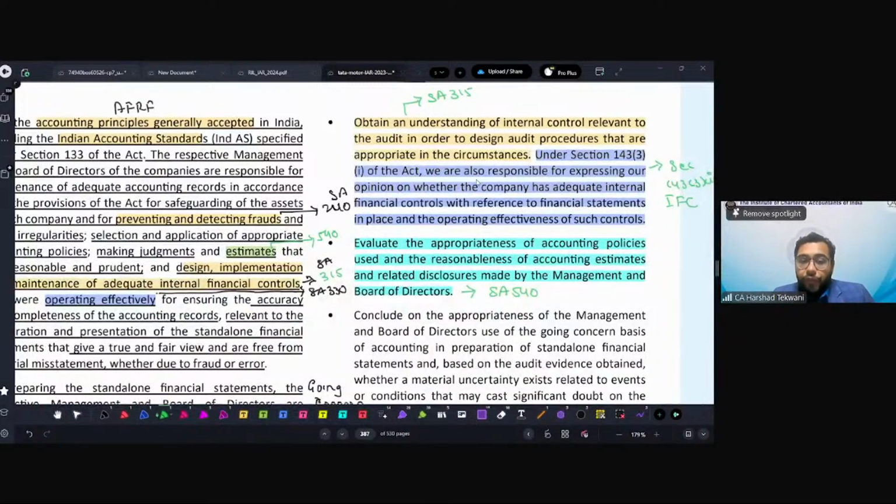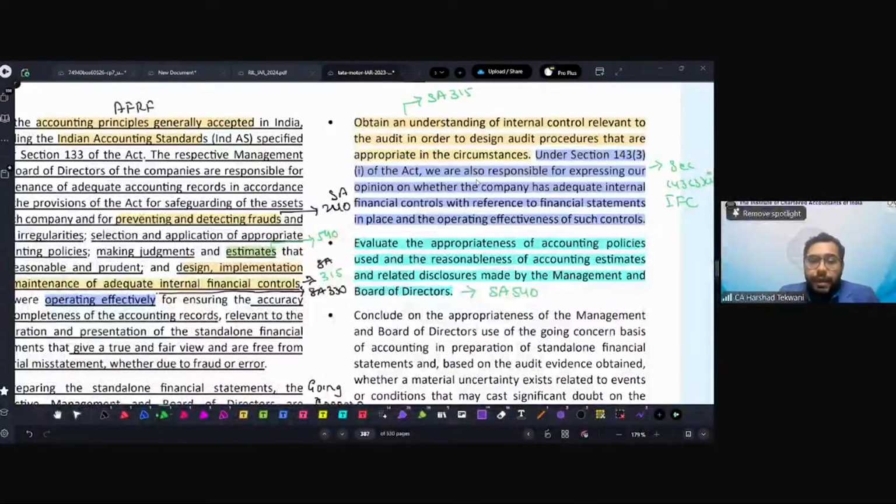And if we conclude that a material uncertainty exists, we are required to draw attention in our auditor's report to the disclosures in the standalone financial statement, or if such disclosures are inadequate, to modify our opinion.